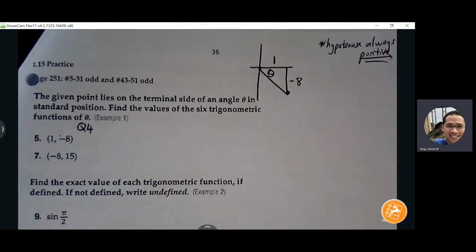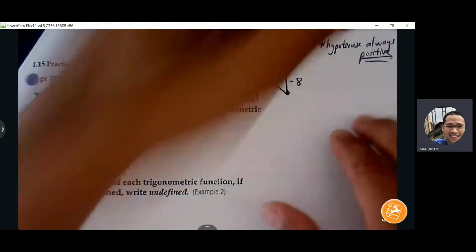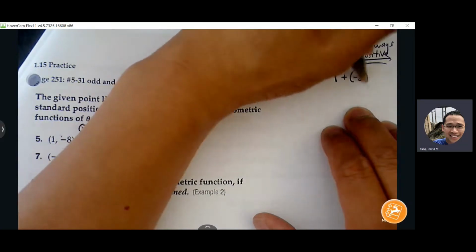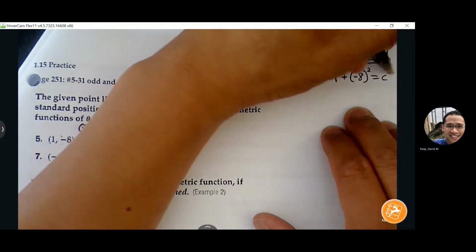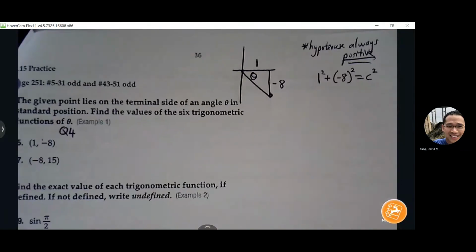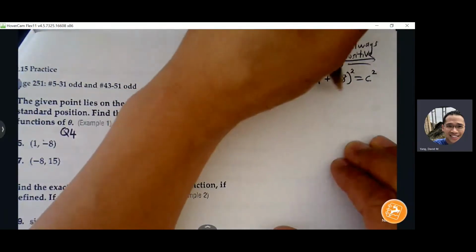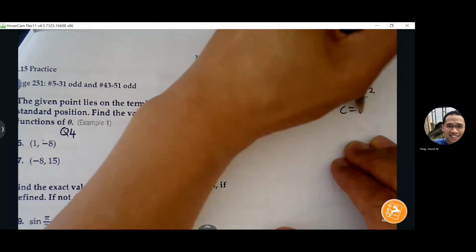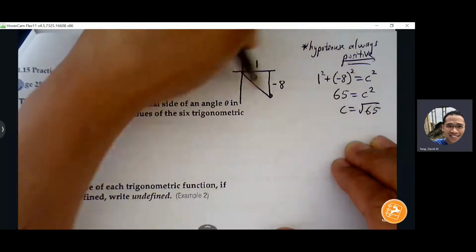We have 2 sides of a right triangle. How can I find that third side? Pythagorean theorem. Yes, a squared plus b squared equals c squared. 64 plus 1 is 65. So root 65.